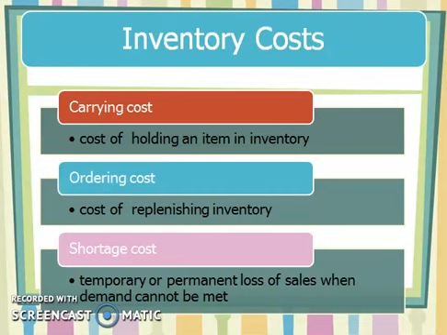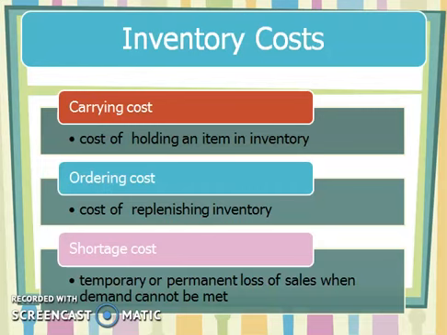Next is the ordering cost, which is basically the cost of placing an order, and it includes the cost of putting quotation, cost of placing an order, cost of transportation, receiving, inspecting and storing, and the cost of quality control.